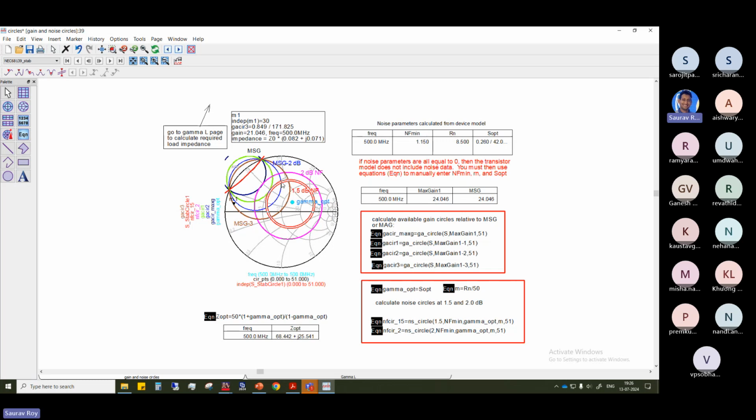Those steps are all the same. The only extra thing here is you have to now plot the noise figure circle and see where you get the overlapped or optimum point where you get all three: gain, noise figure, as well as stability, source and load stability both. When you get that, then you can go back to your matching network design. That is all.